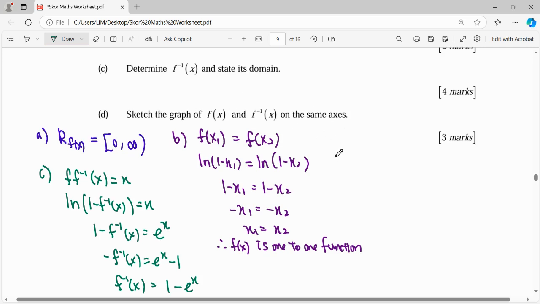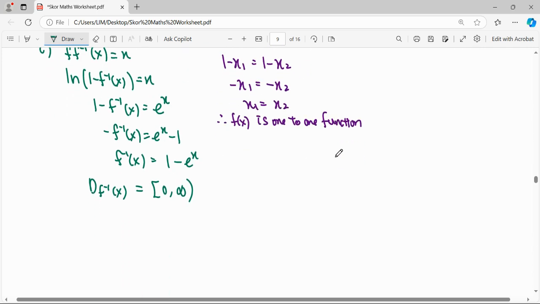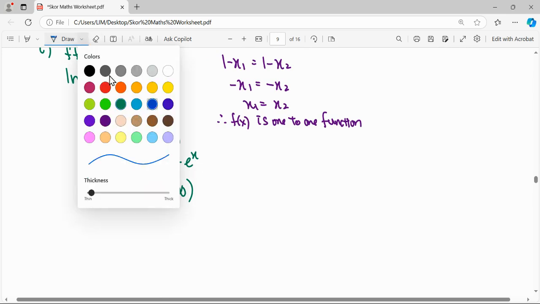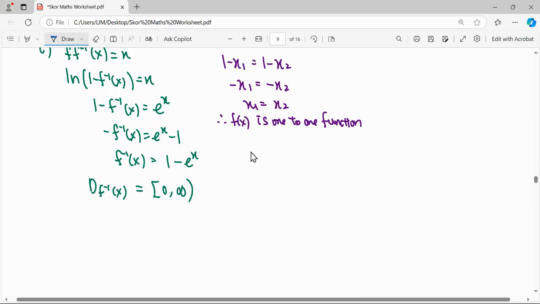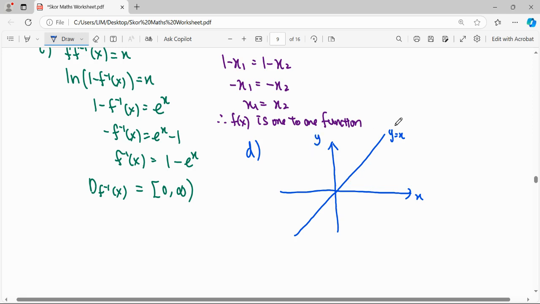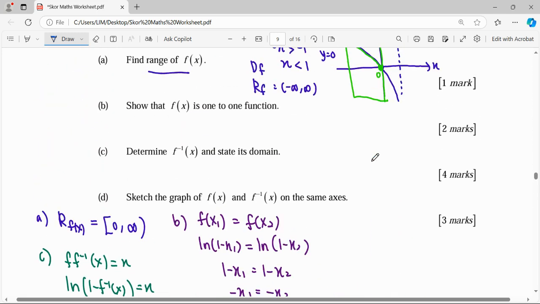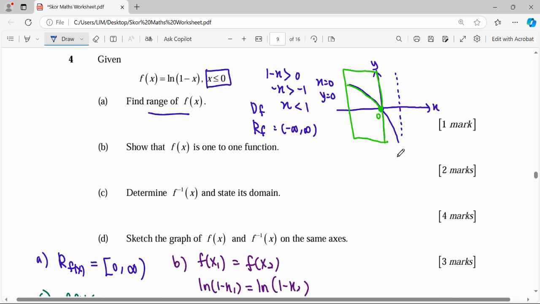Then sketch the graph. So we're going to sketch this inverse graph. To sketch this inverse graph, you need the axis of reflection, y equals to x. X-axis, y-axis. So look at the log graph just now. The log graph is not taking the whole piece.